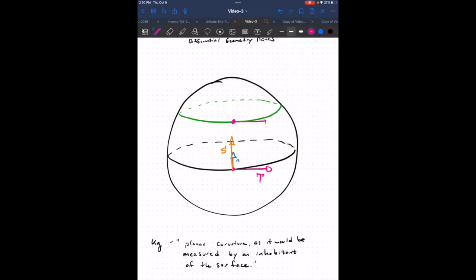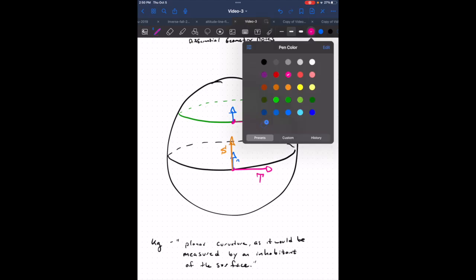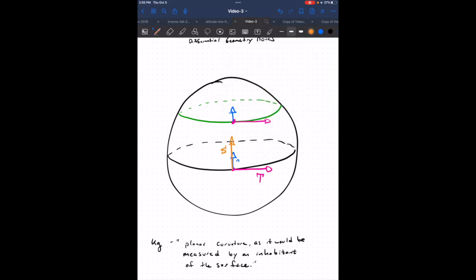We can get our tangent vector, get our second derivative, and then look at this vector S. It's no longer going to be pointing vertical because it's tangent to the sphere, so this is not vertical. Then if we project this curve onto this plane, we'll get something that has non-zero curvature.